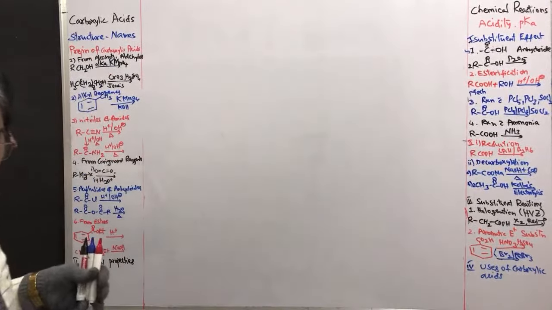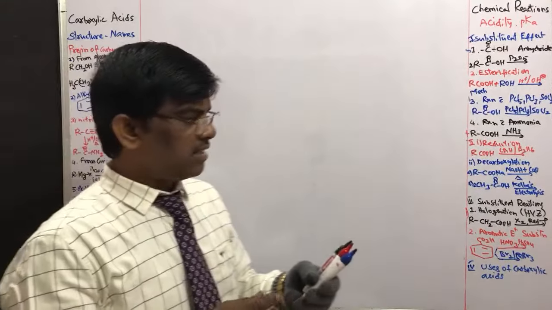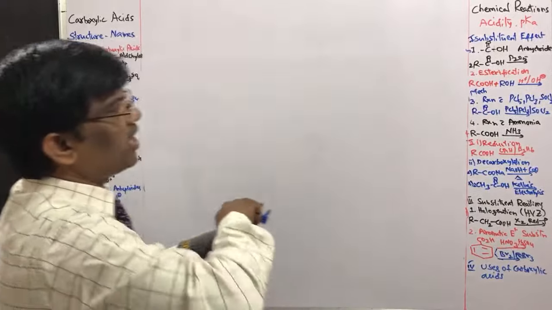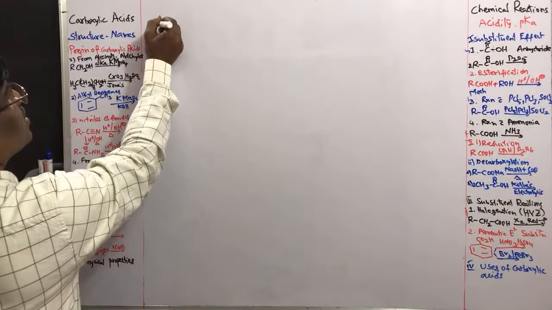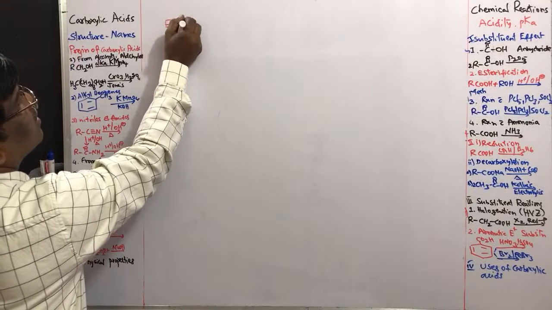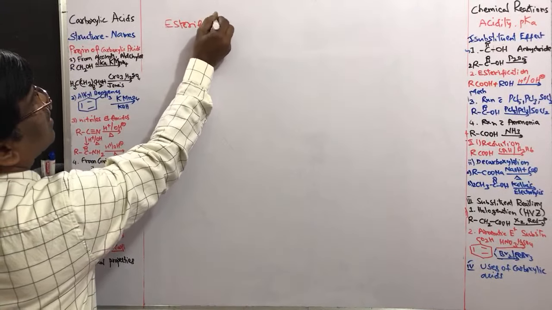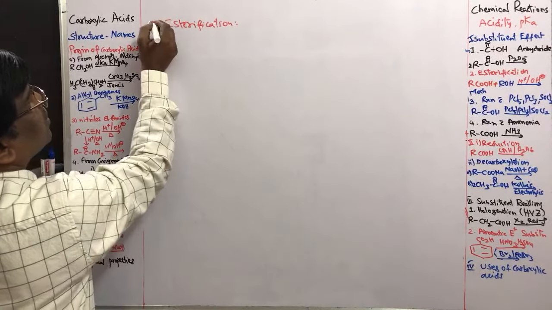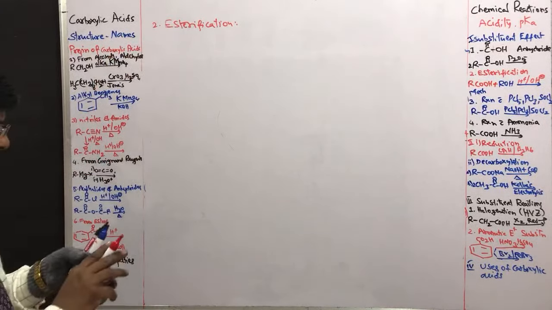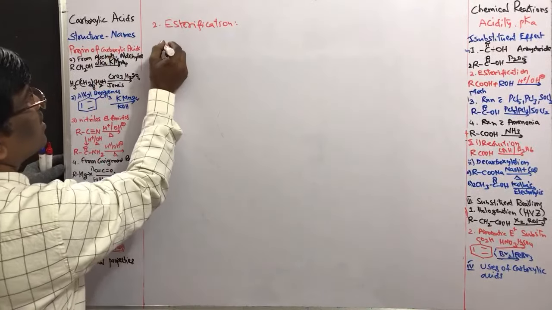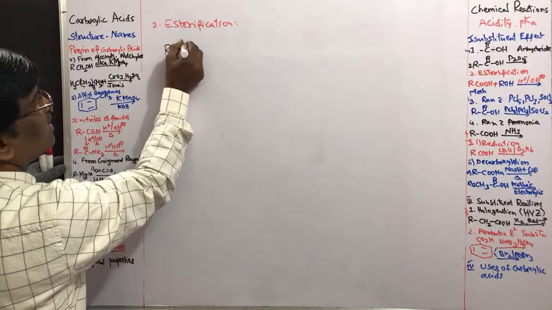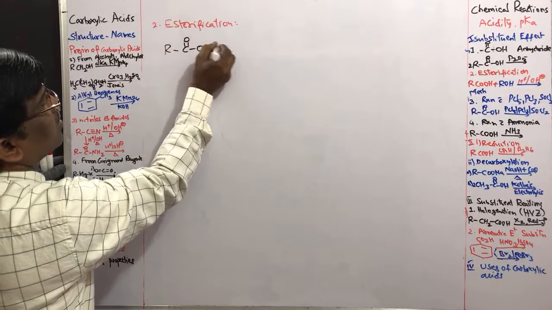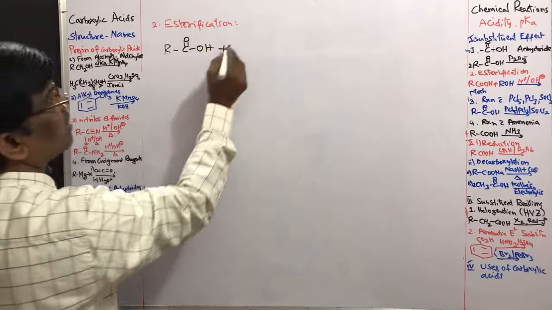Yes, students, let us take one by one the chemical reactions. The first one is esterification. I am going to stress on important things. So esterification, let us take carboxylic acid plus alcohol.